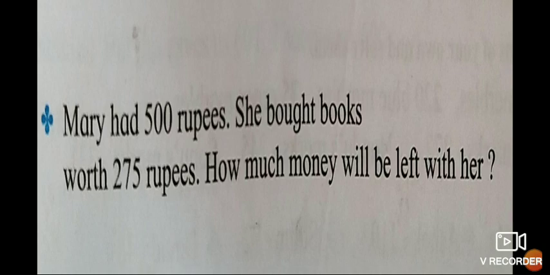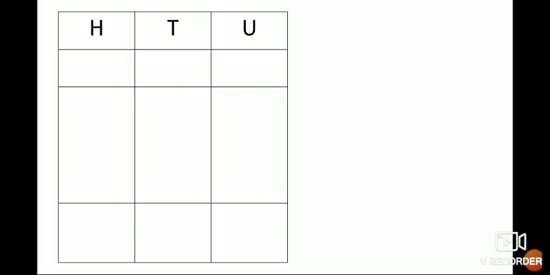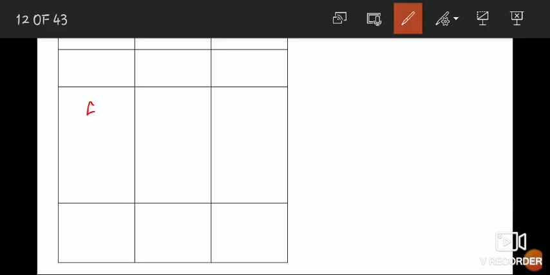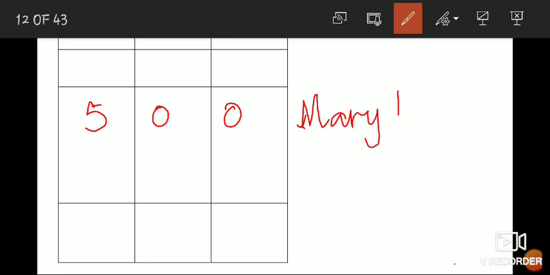You have to minus the smaller number from the bigger number and find out the answer. So, the bigger number is 500. You can write here, Mary had. She bought books. That is, cost is 275. You can write cost of books.